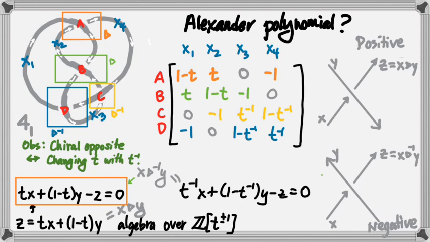That also means that if I have an amphichiral knot like this one, then any knot invariant that we distill from this information needs to be left invariant by changing t with t inverse. Right? If I switch out t for its reciprocal for an amphichiral knot, then all of its knot invariants need to remain the same because the knot remains the same. Right? So let's hang on to that too. Thus, amphichiral means symmetric with respect to switching t with t inverse.